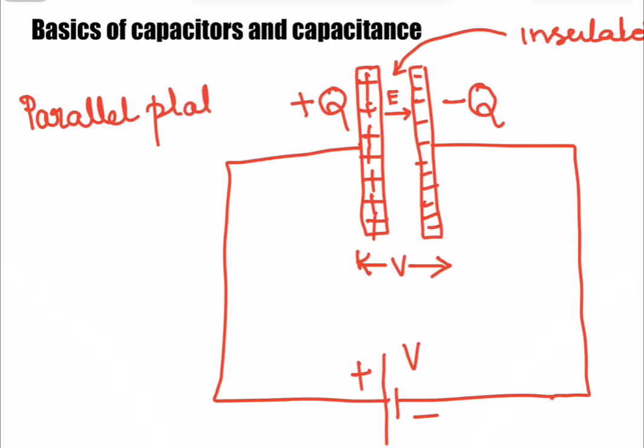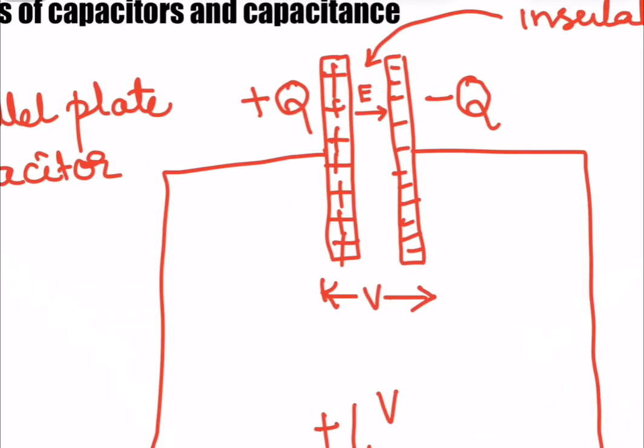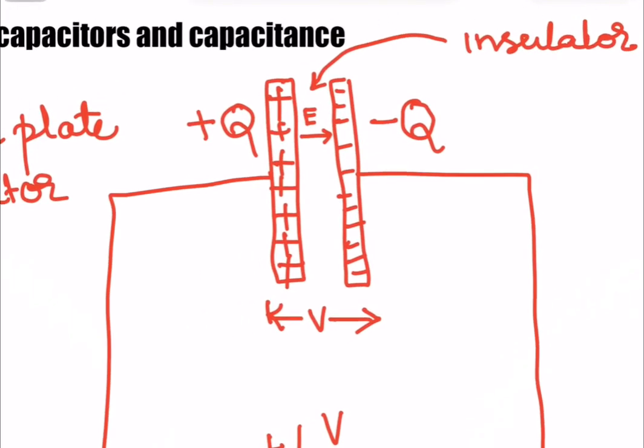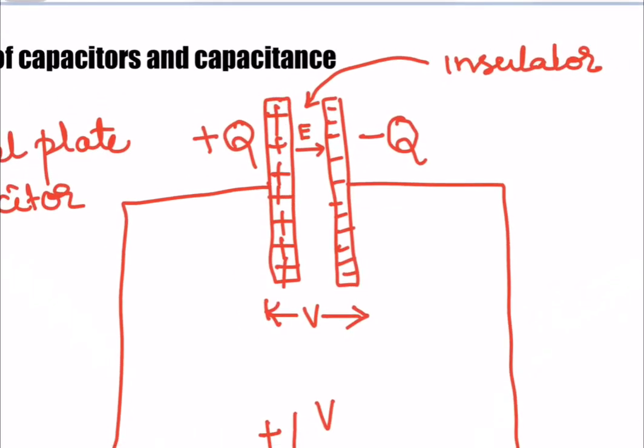Parallel plate capacitor. What is a parallel plate capacitor? Parallel plate capacitors have two thin metal plates separated by some distance by an insulator.